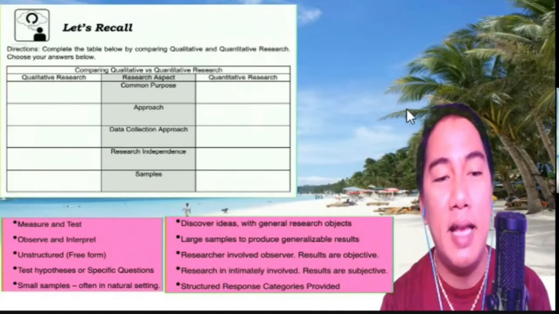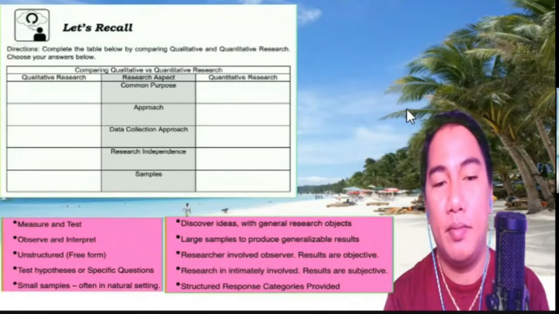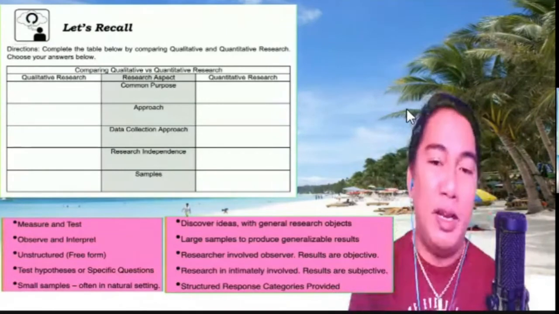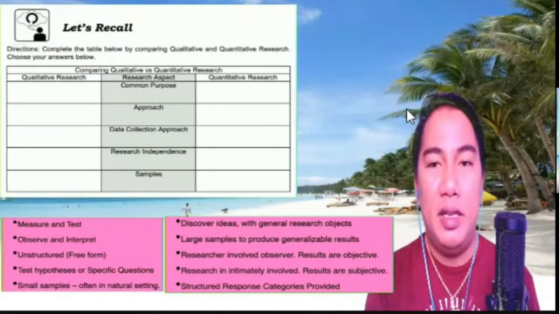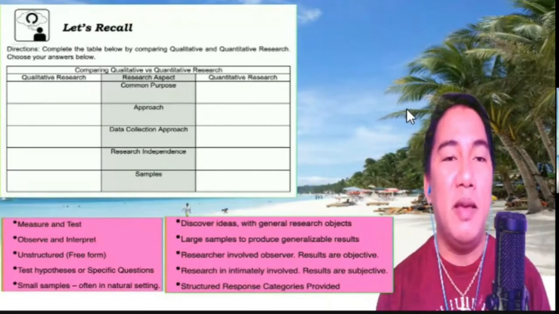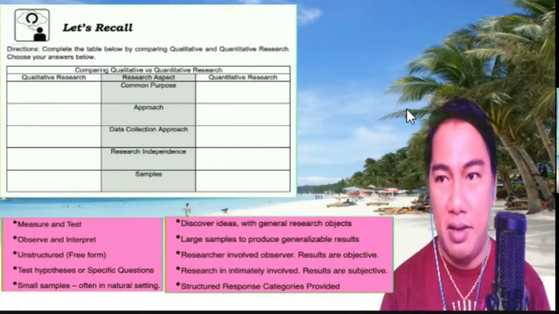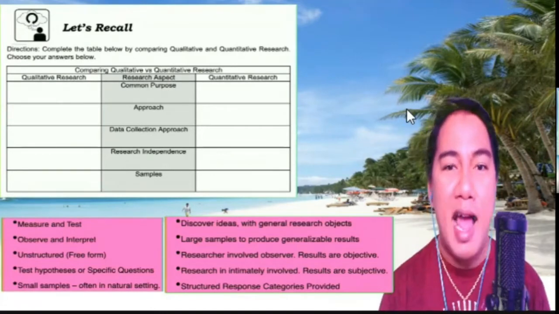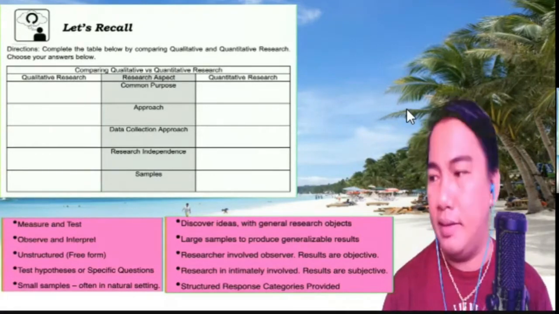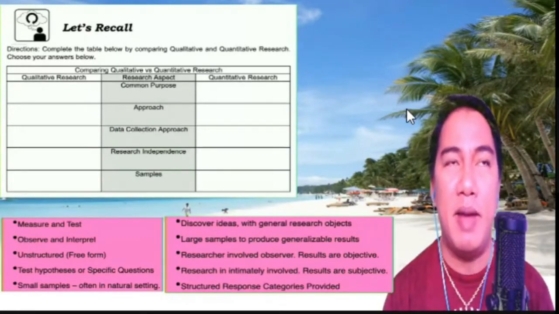Next, unstructured or free form. When you say unstructured or free form, the research is being made as data come along. You don't have a full grasp of the data, or the data may change as time goes by.